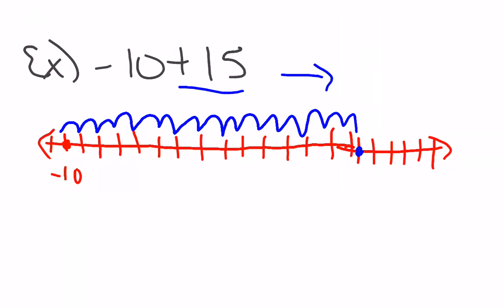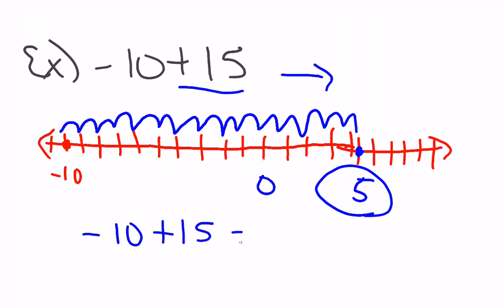So here's 0. So if that's 0, then we have 1, 2, 3, 4, 5. So it landed on 5, so our answer is positive 5. So negative 10 plus 15 equals 5.